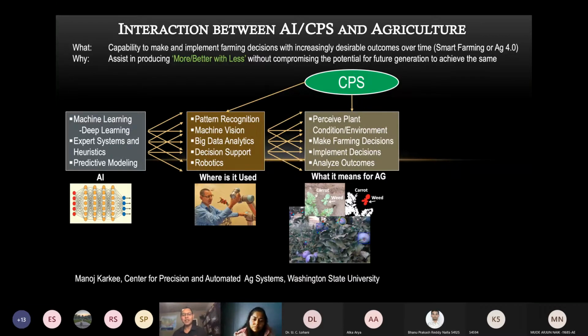It means a lot for us in agriculture when we have these kinds of technologies available to perform plant condition and environment reception, perception, understanding, make farming decisions, implement decisions that we are making in terms of certain things that need to happen in these fields, and analyze the outcome after certain treatments or certain actions are taken in the field.